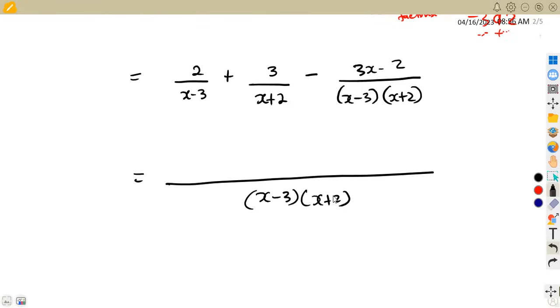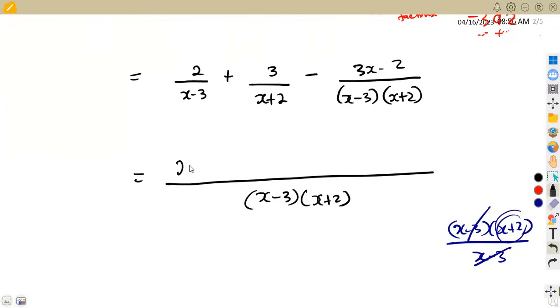So remember the concept, you divide the LCM by the denominator of the first part of the fraction here. So x minus 3 and x minus 3, these two will cancel out because you are dividing. Take note, it's like this: x minus 3, x plus 2, that's your LCM, divided by x minus 3. So these two cancel, and you remain with x plus 2.